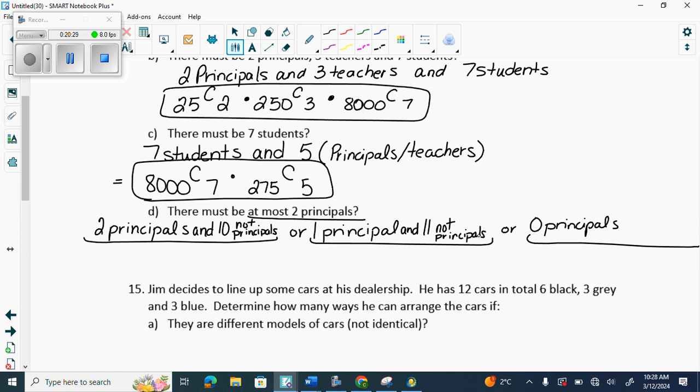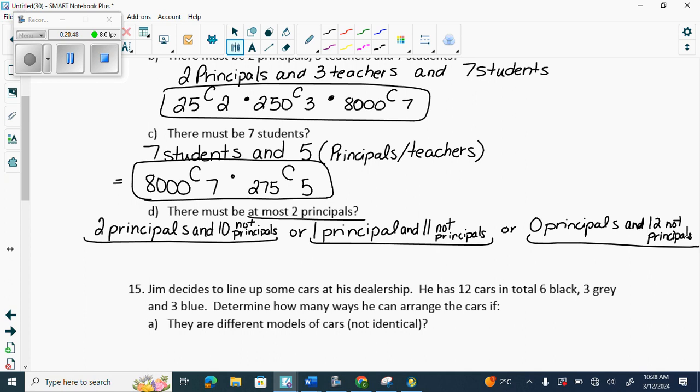Or 0 principals and 12 not principals. So I always show my cases above because the people who write the cases out actually will do better on these questions. Right? Because you have numbers in front of you, now you just fill them in.